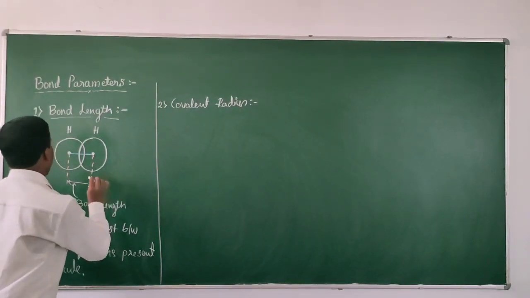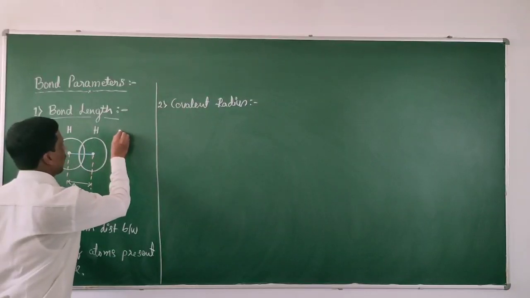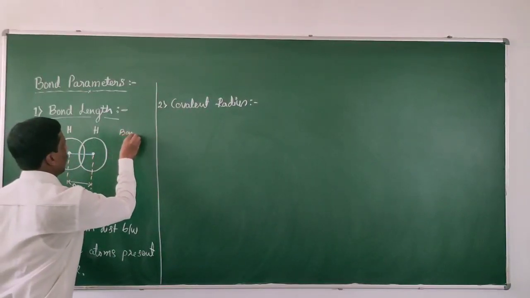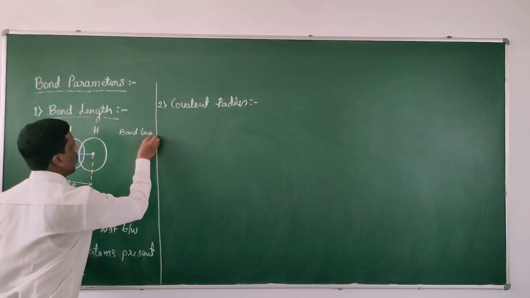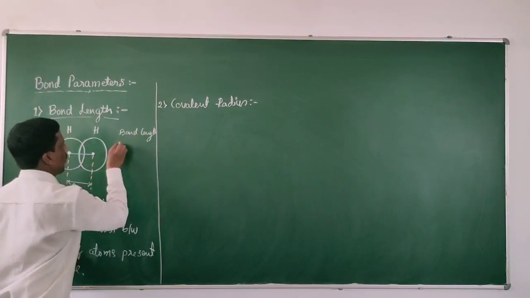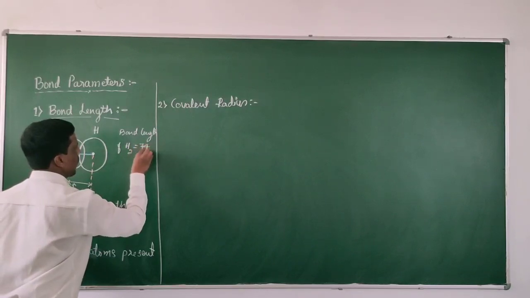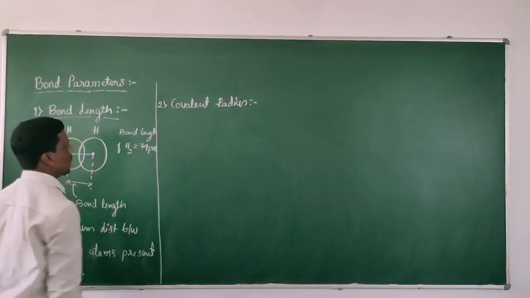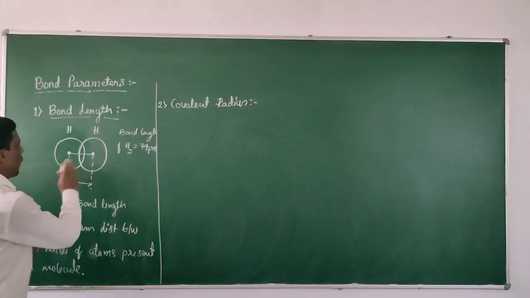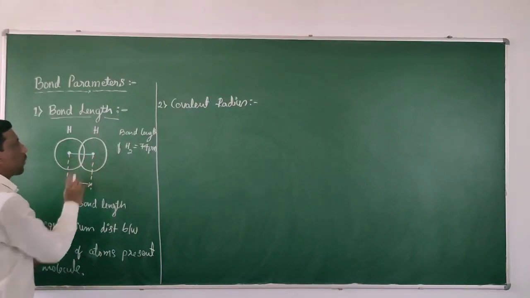The bond length of hydrogen molecule is 74 picometer. This is the example. Okay, the hydrogen bond length is 74 picometer.